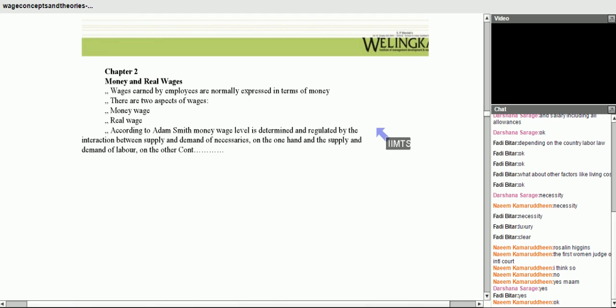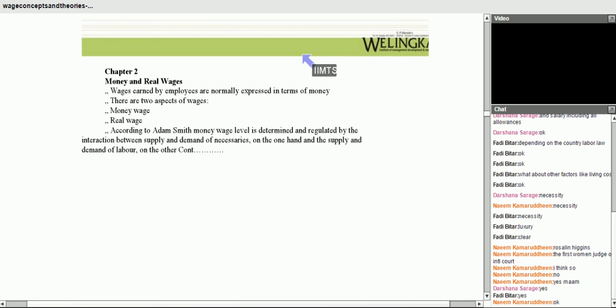But what advantage he is getting is his kids are able to go to a school run by the trust of the factory in which he is working, and there is a dispensary. So there are benefits like these. So that all will add up to increase the real wage of that particular worker.